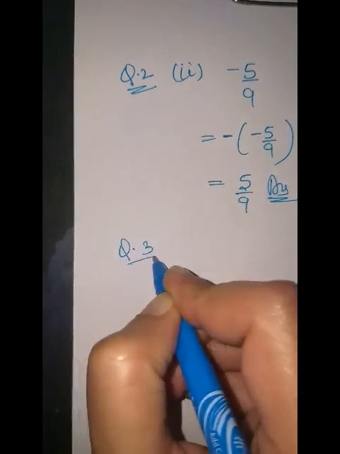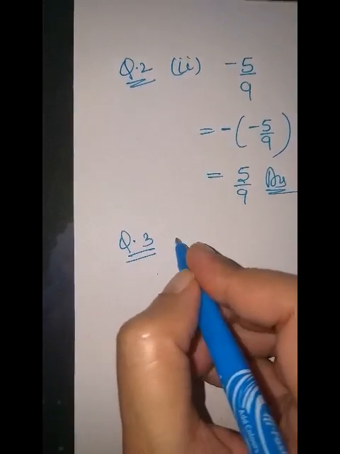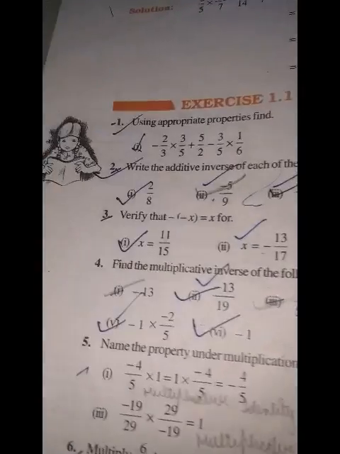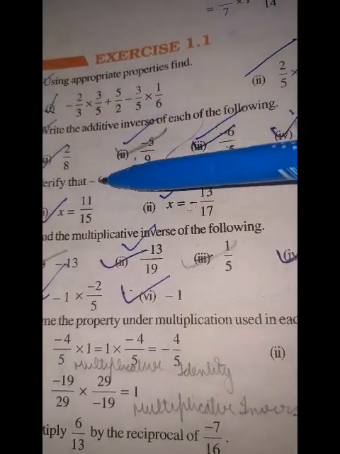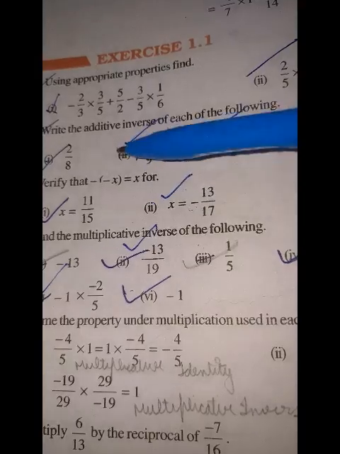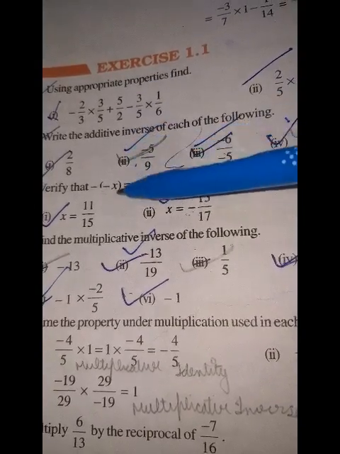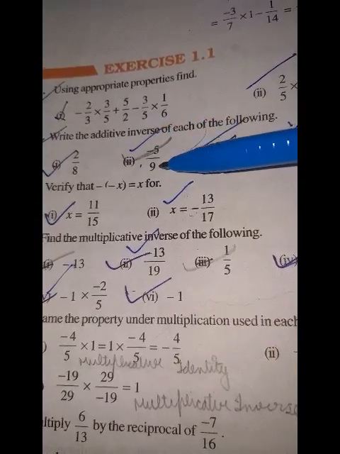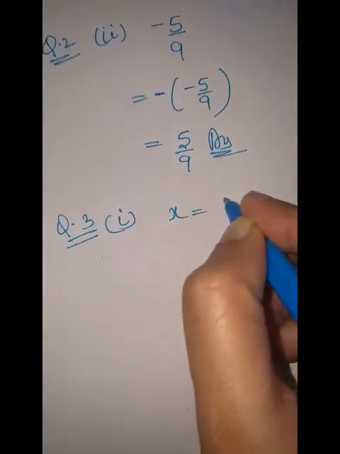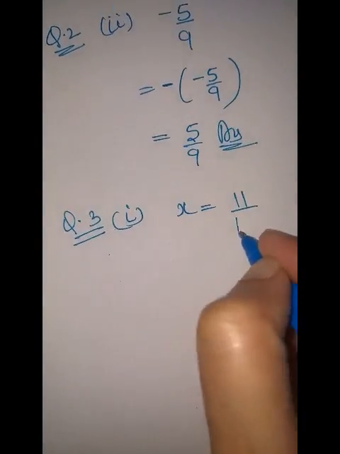Now we will start the question number 3rd. First part. See the question, what they are asking. Verify that minus bracket start minus x is equal to x. This I have told you in the second question also. Minus multiplied by minus always becomes plus. So we will do first part of this. X is equal to 11 by 15.